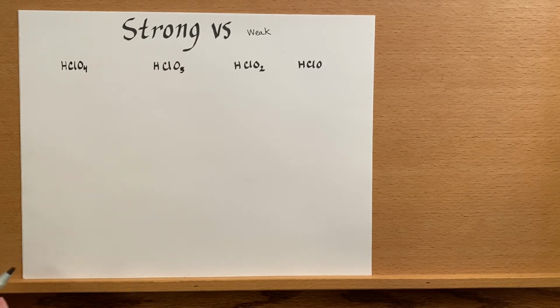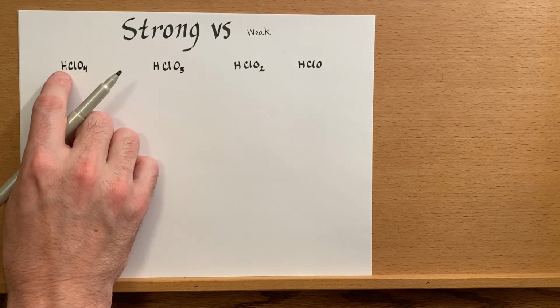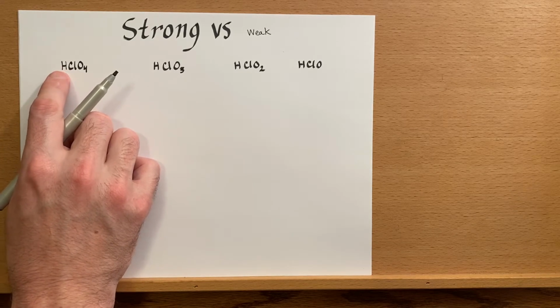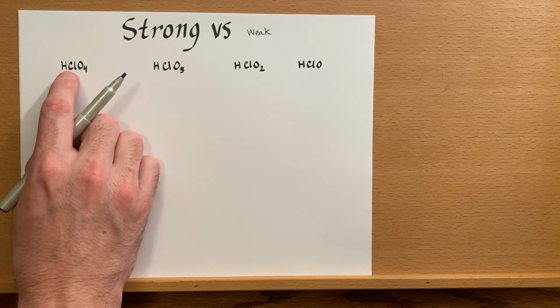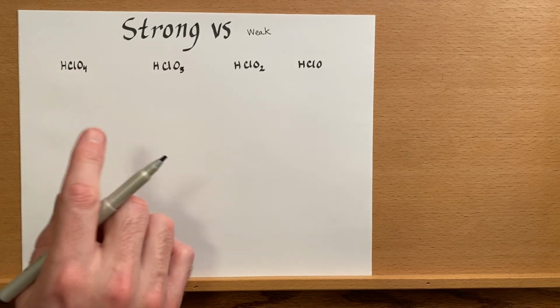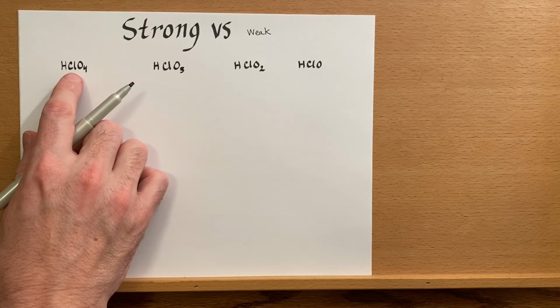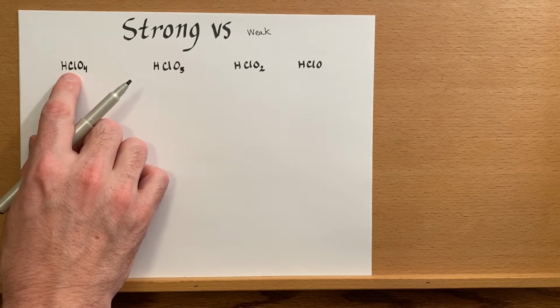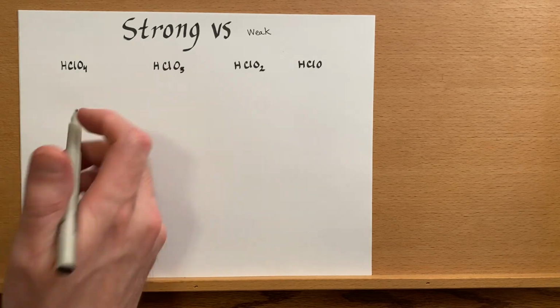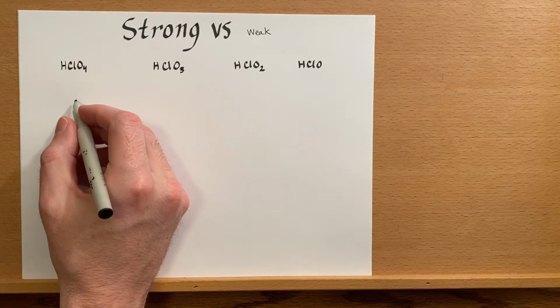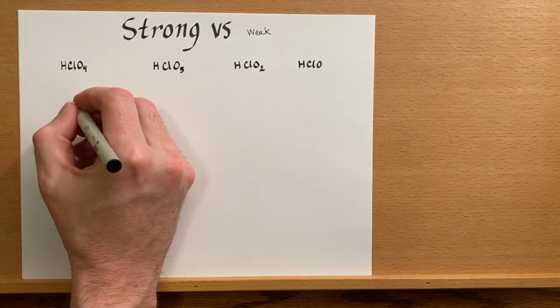So, we don't actually need to look at the structure with the hydrogen in place. We actually should look at the structure without it to see if there's any differences between the perchlorate ion and the other ions. So, let's draw the Lewis structure for perchlorate.